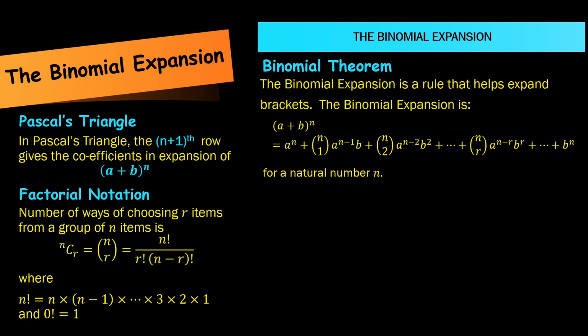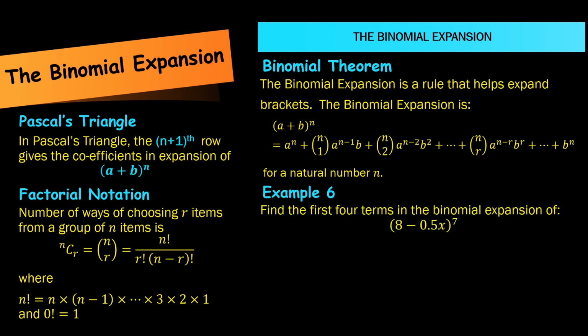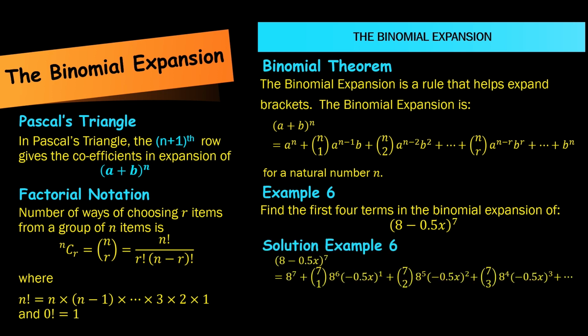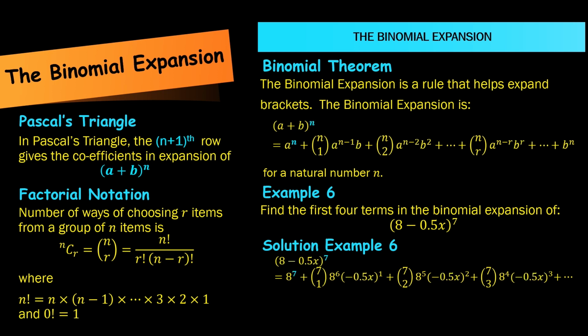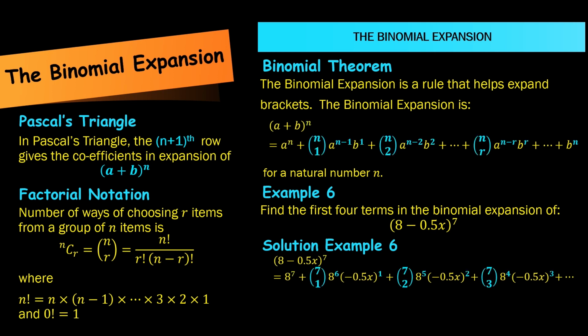Now let's have a look at another example. Find the first 4 terms in the binomial expansion of 8 minus 0.5x all raised to the power 7. Again, let's substitute the various values into the formula for the binomial expansion. A equals 8, b equals 0.5 times x, n equals 7, and r goes from 1 all the way up to 6 inclusive.